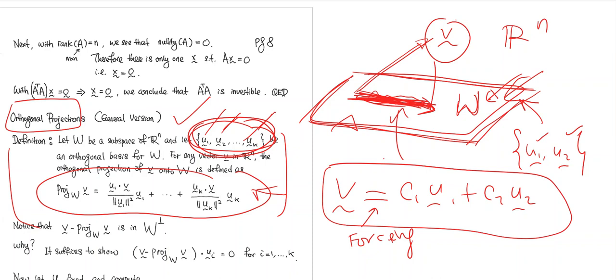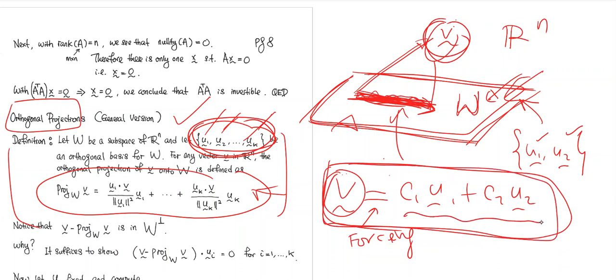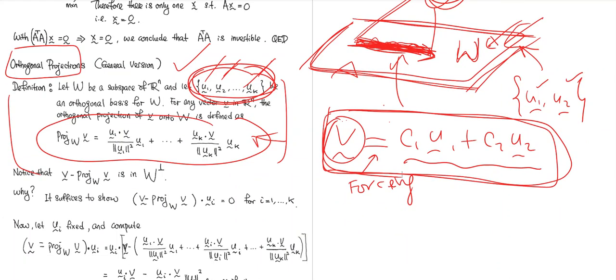So what is the part of V that is on W? You kind of want to force V to be on W. So you write it like this so that they are on W, because these are the vectors that are on W. If you force it like that, the question is what are C1 and C2? You have already seen how to find these.